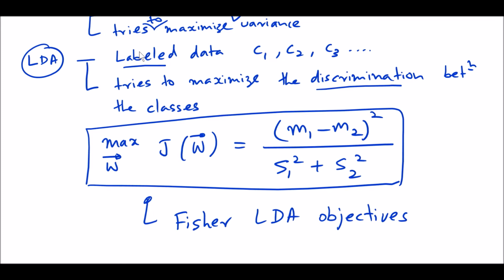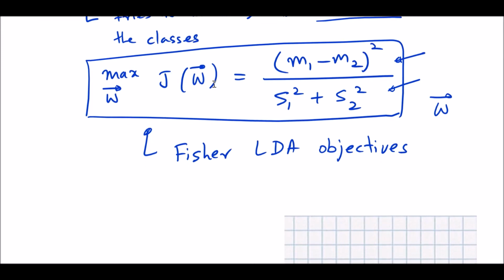This is our target now. We are trying to find a vector W such that, if you project the data onto this vector, we get the maximum discrimination between the two classes. At the moment, it may be a bit difficult to understand.